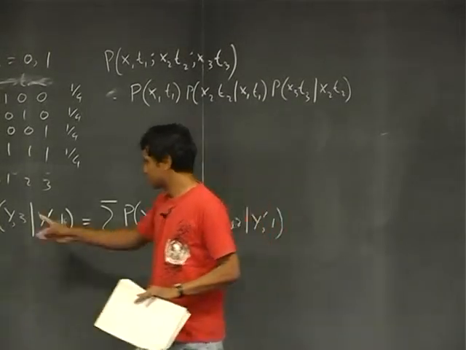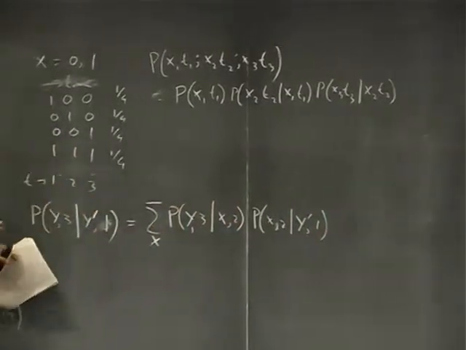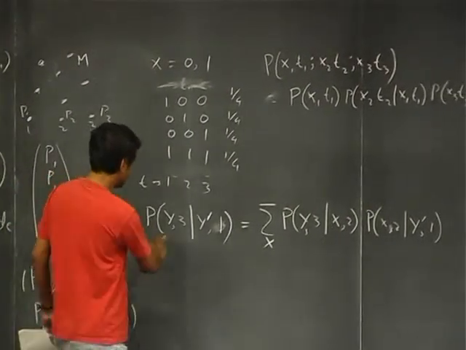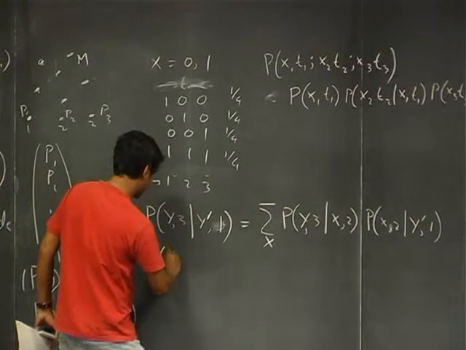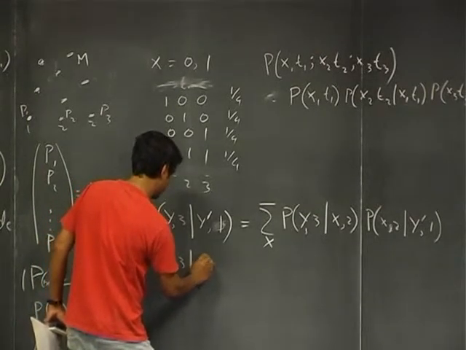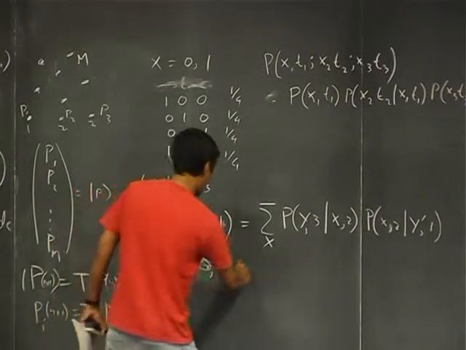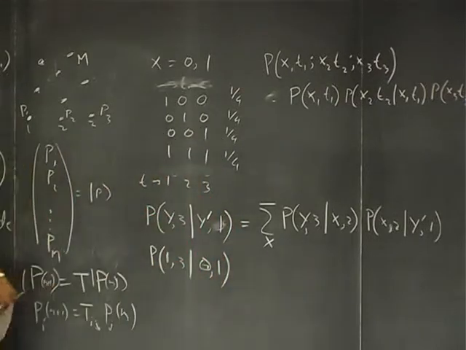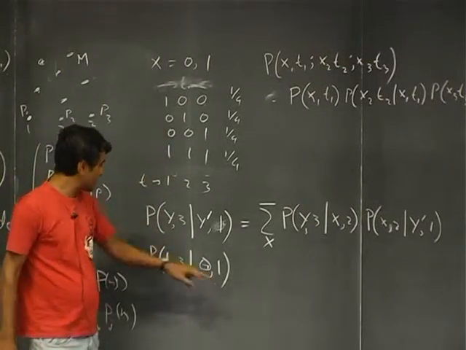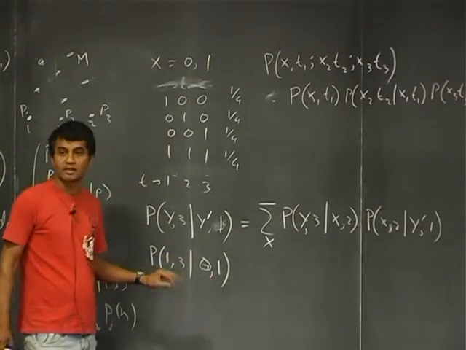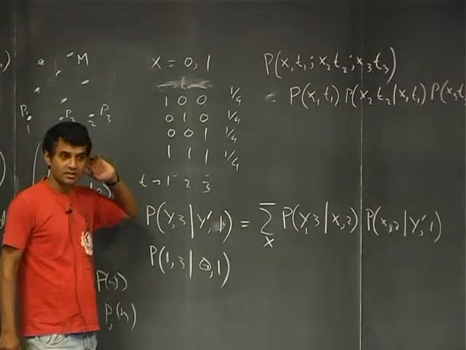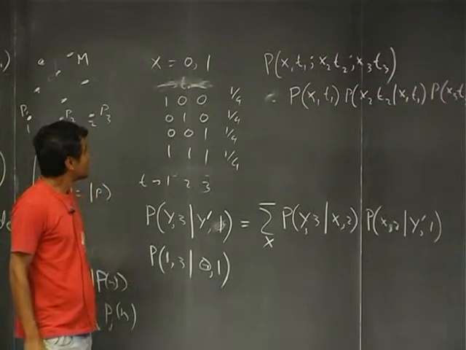Okay. So I'll just do one example because it gives you a good understanding of probability. If I try to compute p of 1 at time 3 given, let's say, 0 at time 1. Okay, so what is this? Given it's 0 at time step 1, what's the probability that it's 1 at time step 3, given this is my process?